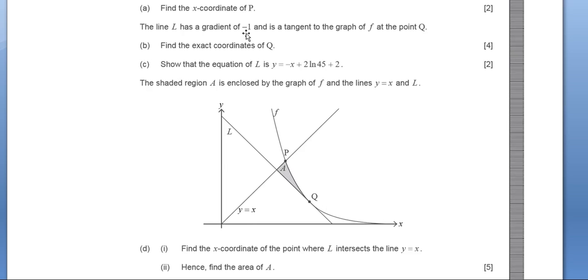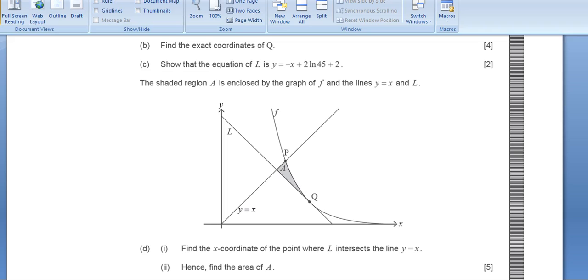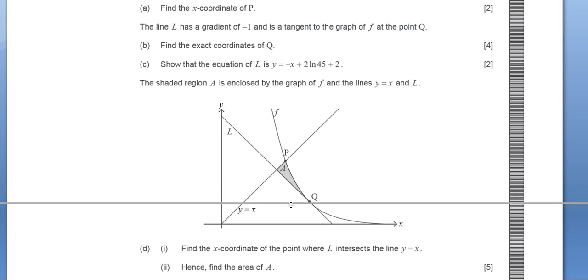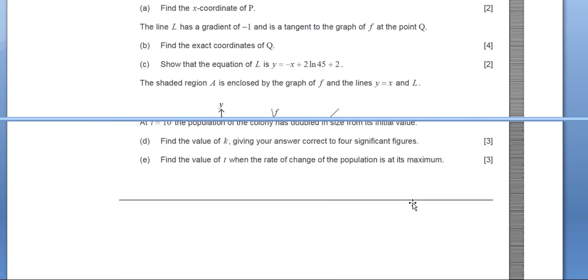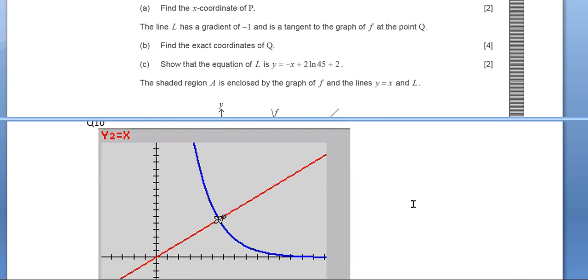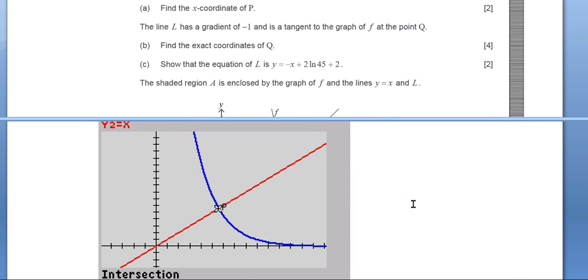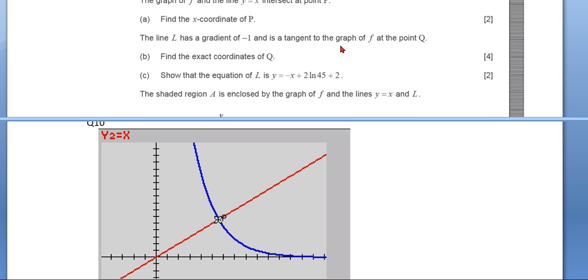We should find point P. Also, there is a line that has gradient -1 at point Q. I should split the screen, otherwise it will not be possible to explain. Okay, so we are finding point P.